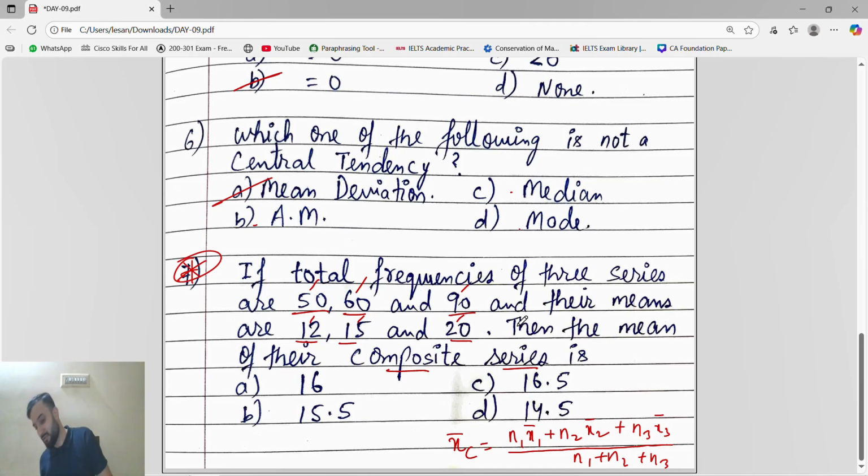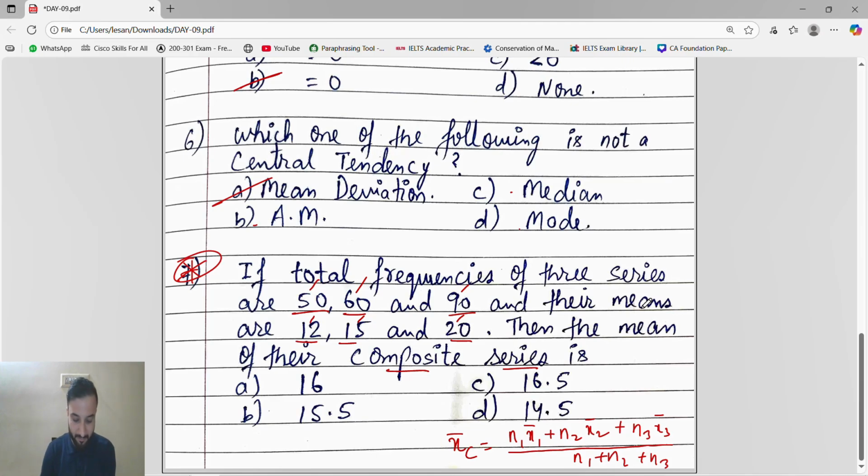That's it, use the calculator. So 50, 60, 90 are the sets of observations and their means are 12, 15 and 20. Composite series means combined, so we find the combined arithmetic mean.